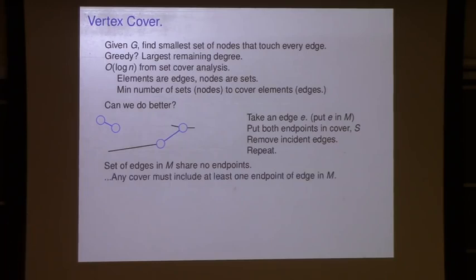So now any cover must include at least one endpoint of an edge in M. If you look at the set M, it's a set of edges, and I have to cover all the edges.